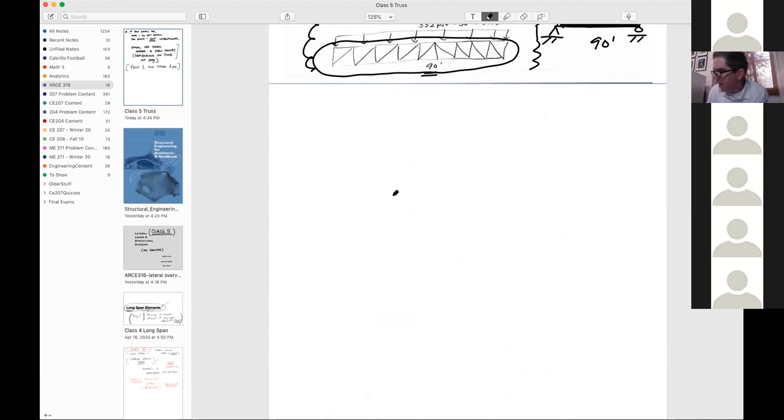So for the 30-foot floor beam, we're going to use L over 15. I'm sorry, that's for the girder, excuse me. So the minimum for the beam is L over 20.